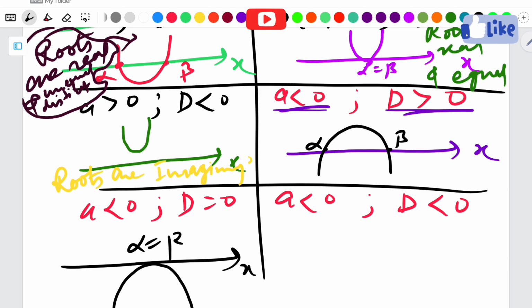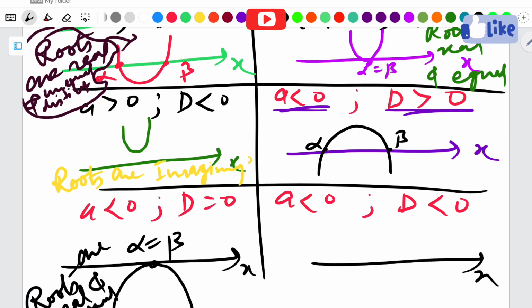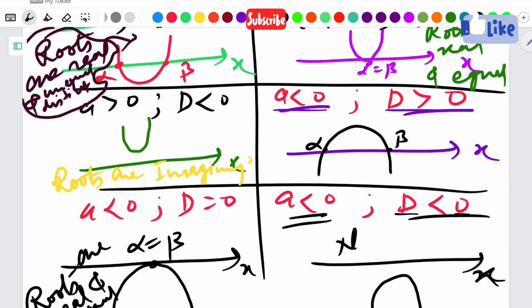So this is the graph. Roots are real and equal. Okay, the last one is, this is the x-axis, a negative, downward, d less than 0, no touching. So this is the graph of the quadratic equation. No real roots.